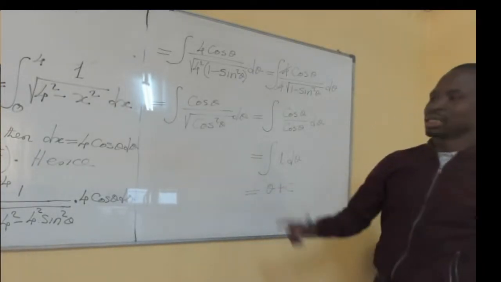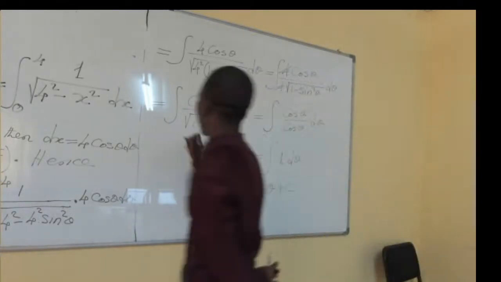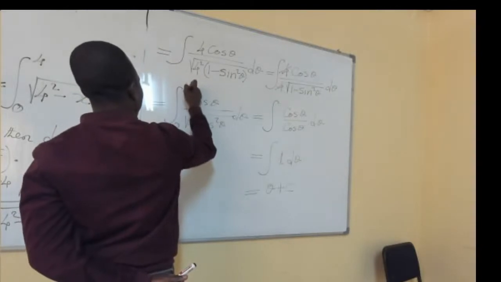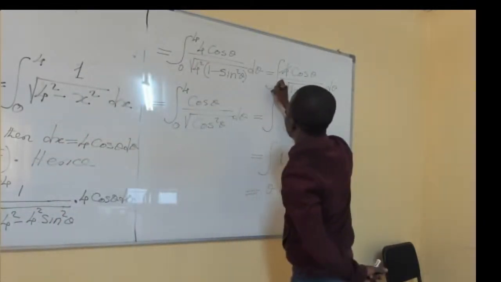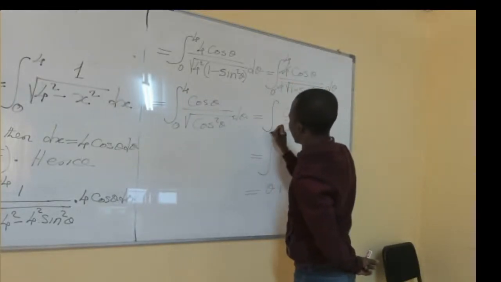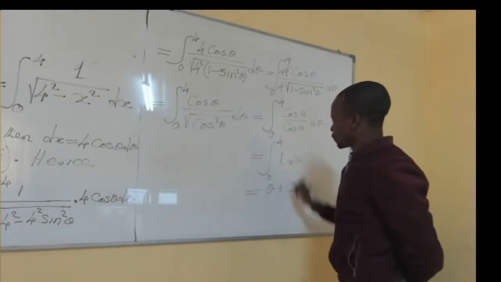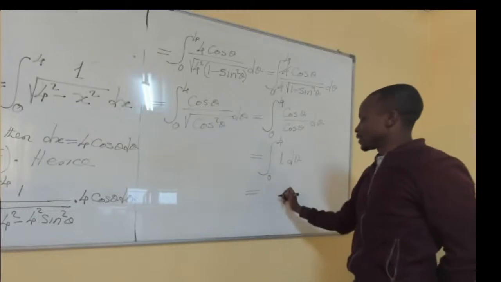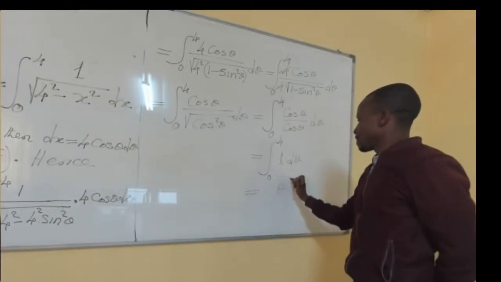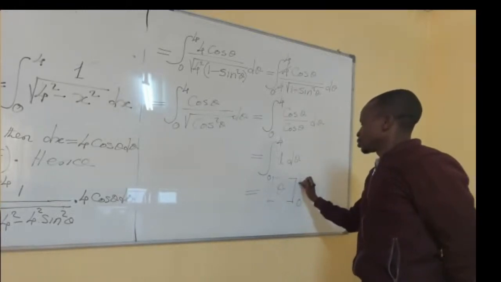Oh, I think I've forgotten the limits, sorry, 0 to 4. Now, I don't need the c, so this will give us theta from 0 to 4.